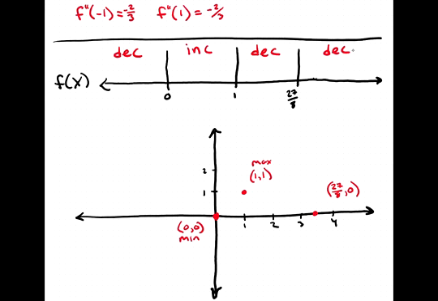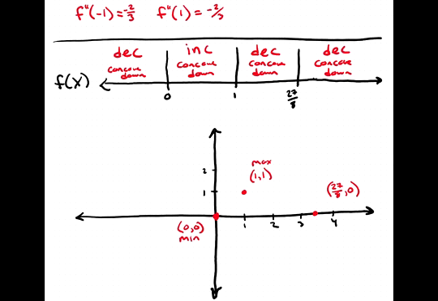Now, we know it's concave down everywhere, except we have this issue at 0. So concave down, and concave down. What we have to do is basically connect the points in such a way that the function is decreasing where it should be, increasing where it should be, and concave down where it should be.